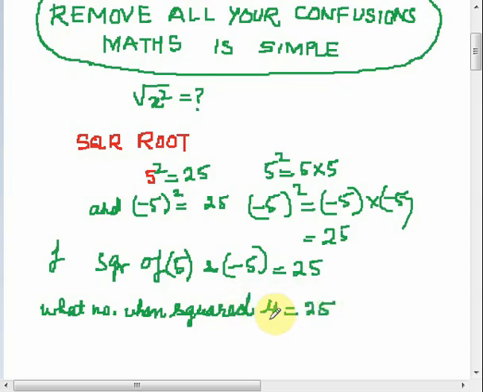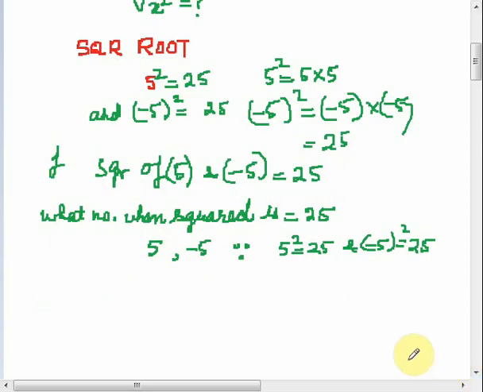Our answer will be 5 and minus 5, since 5 square is equal to 25 and minus 5 square is equal to 25. This is the inverse process, that is, we are reversing the squaring process.